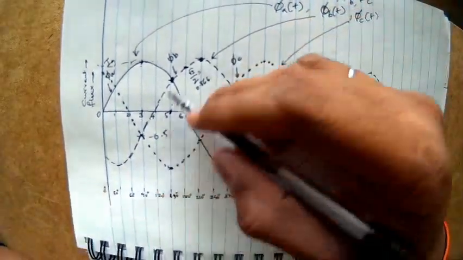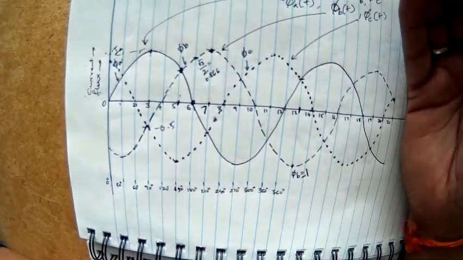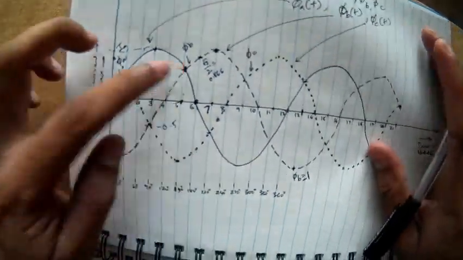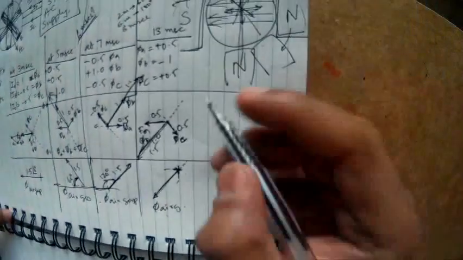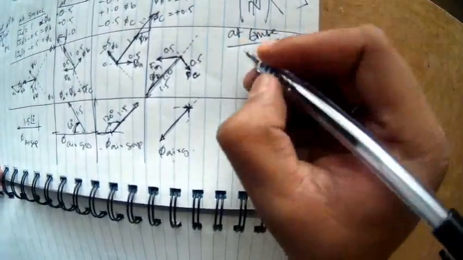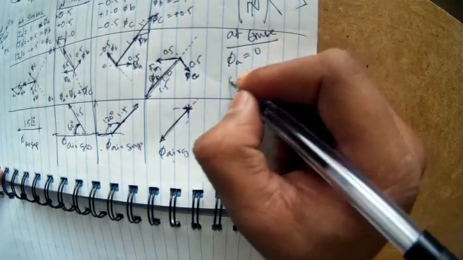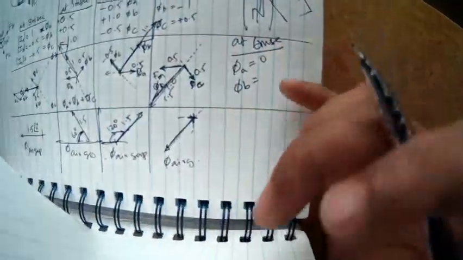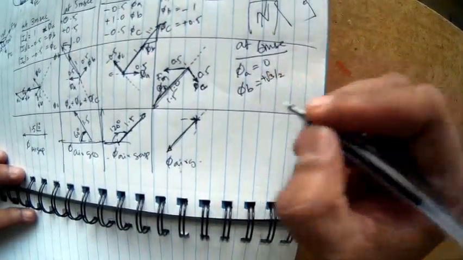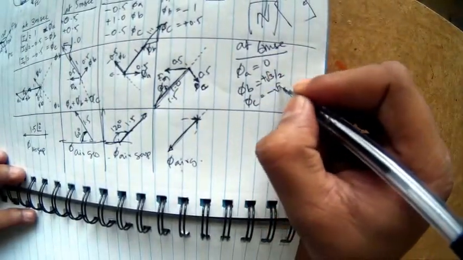Since this is a sinusoidal wave, you can verify it easily. Let me write it down now. At 6 milliseconds, phi A is 0, phi B is plus root 3 by 2, and phi C is minus root 3 by 2.